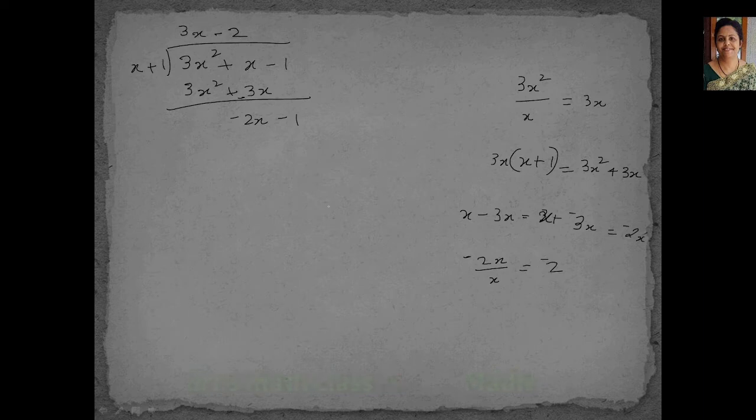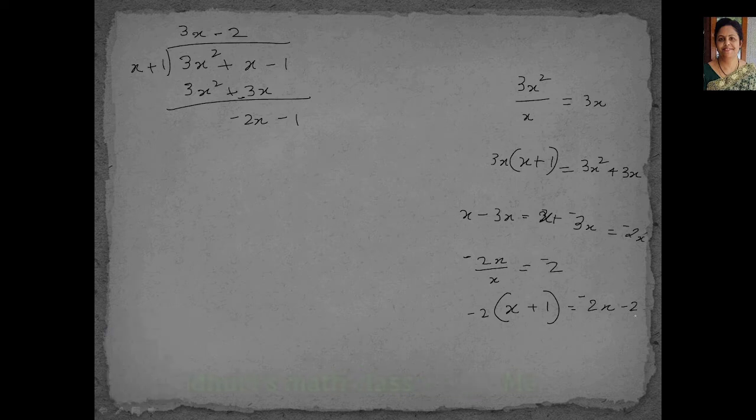Now we will multiply the second term of the quotient by the divisor, x plus 1. Negative 2 into x is negative 2x, and negative 2 into plus 1 is minus 2.